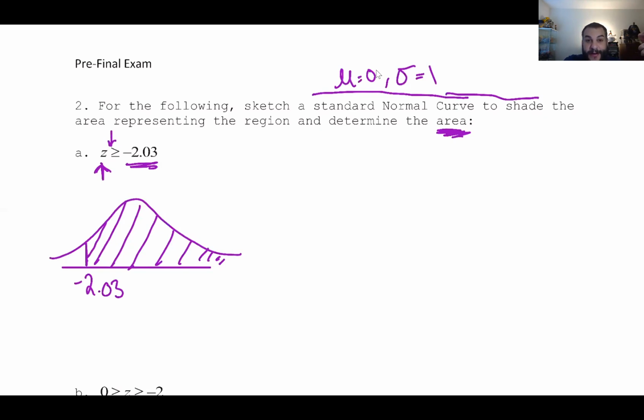All right, so up next, once you do this shading, you want to go ahead and use ClassCalc in order to find the probability. In ClassCalc, you're going to say normal distribution.